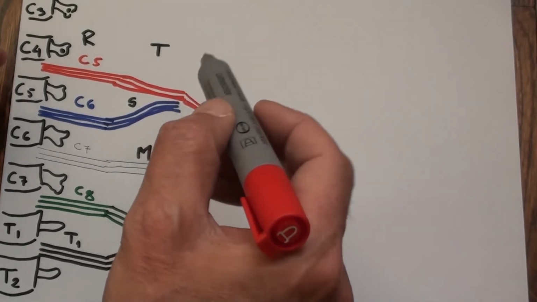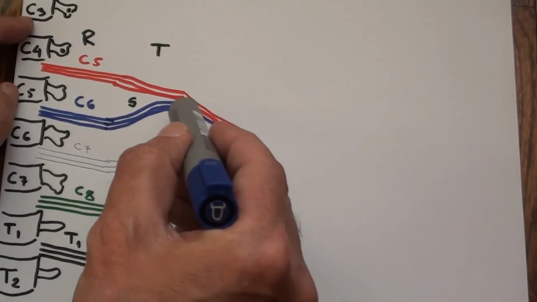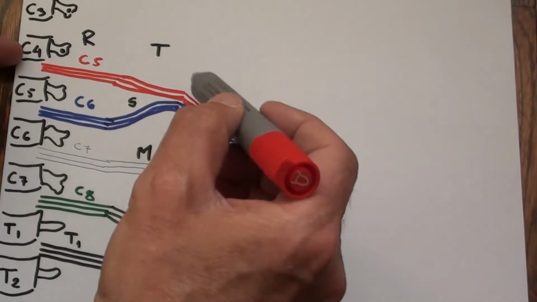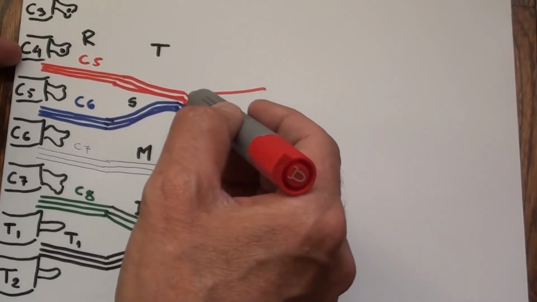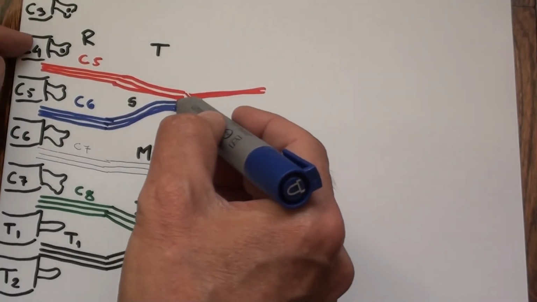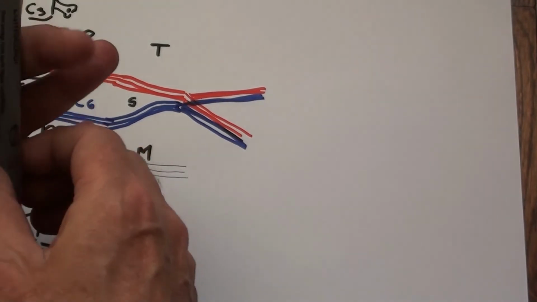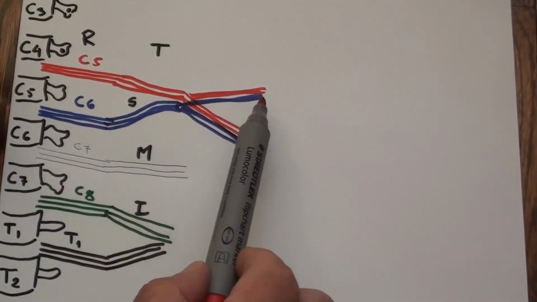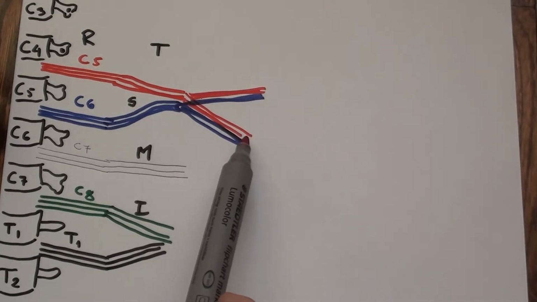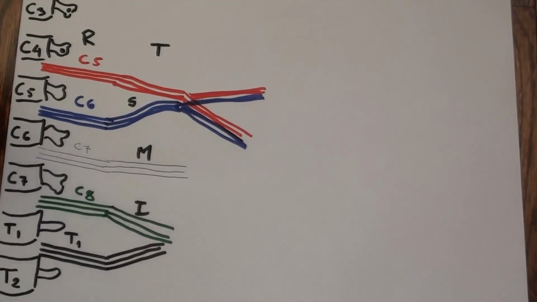A couple of lines go down in both red and blue. And then we need to carry some of the red colored lines this way and some of the blue colored lines this way. So if I can just point instead of writing, this will be anterior and this is the posterior division of the superior trunk of the brachial plexus.